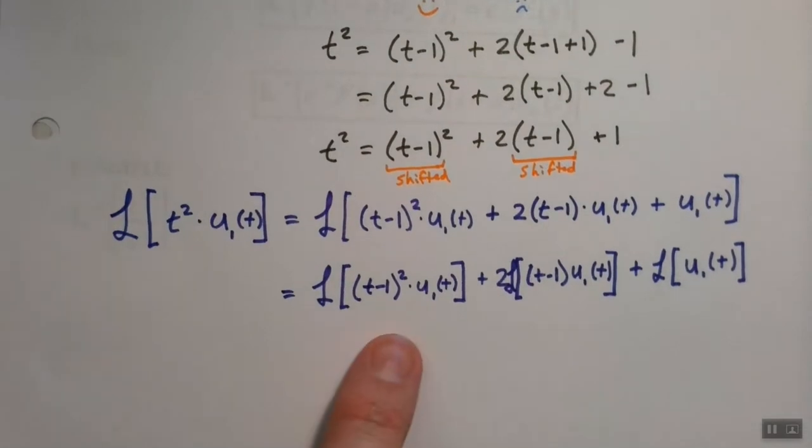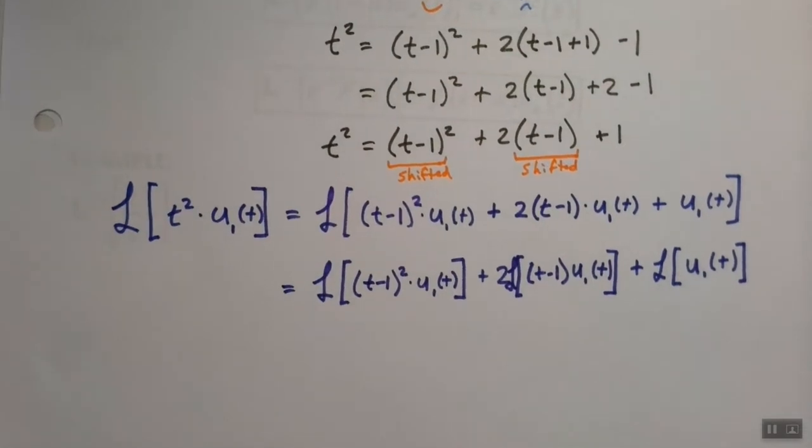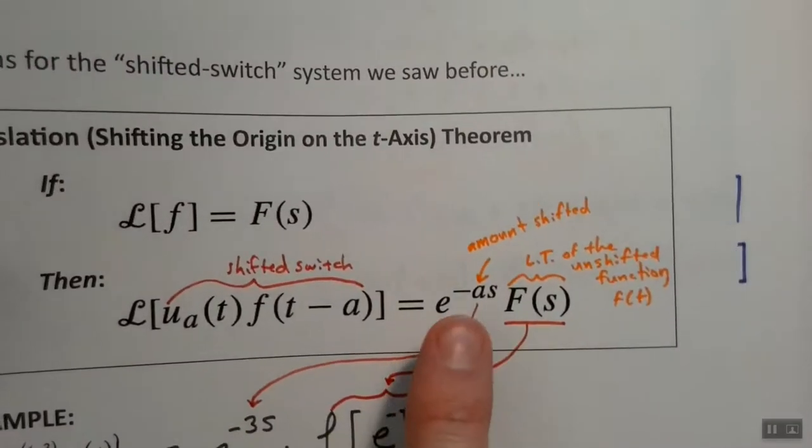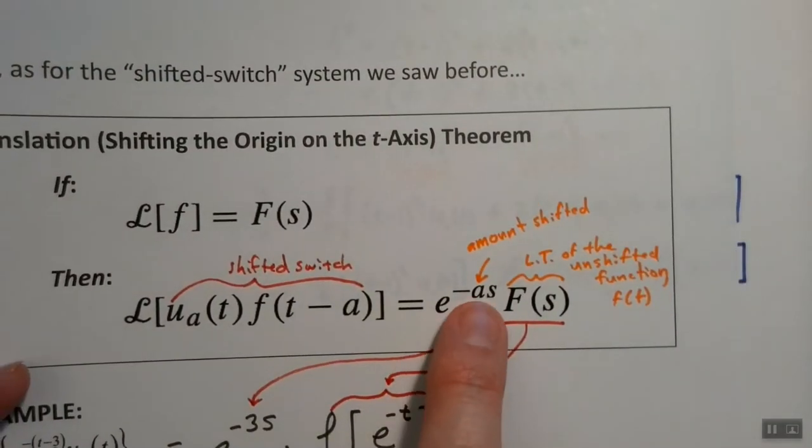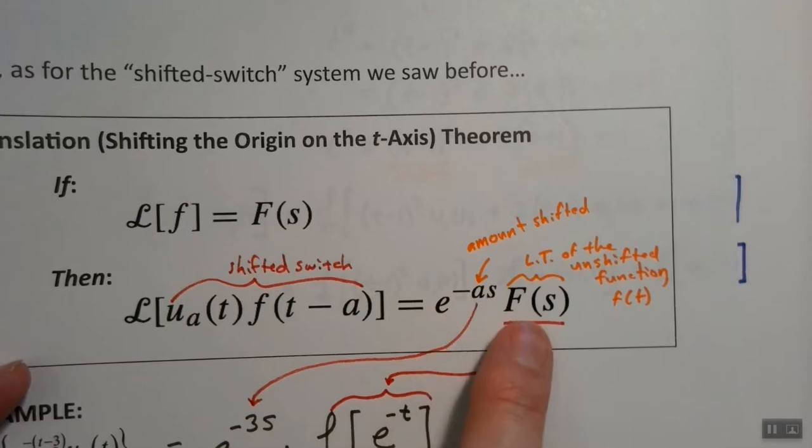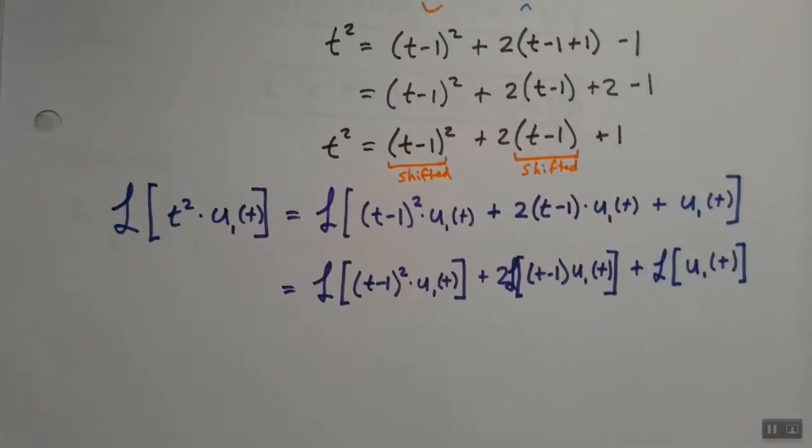So for each one of these, I have a shifted switch situation. So I'm going to use that formula from the previous page and say e to the negative as, where a is the amount that we're shifting, times the Laplace transform of the unshifted function.